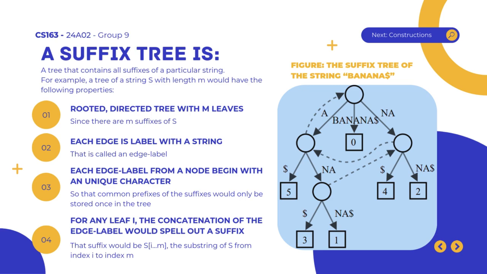You can see the example of a suffix tree on the right-hand side, which is the suffix tree of the string bananas. You can see that the root leads to bananas, and it stores the suffixes of the string bananas, like nanas, ananas, and so on.